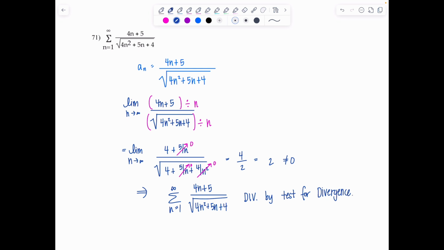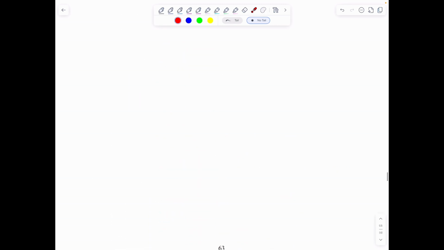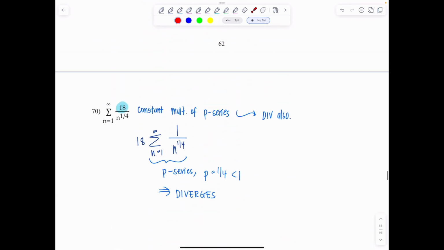Now, you might say, well, when should I try the test for divergence? When should I think about where are the terms going? All the time. It's just most of the time it gives you no information. For example, the last problem here, the terms, where did they go? They went to 0, but that gives me no information.